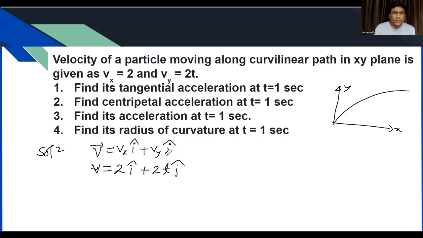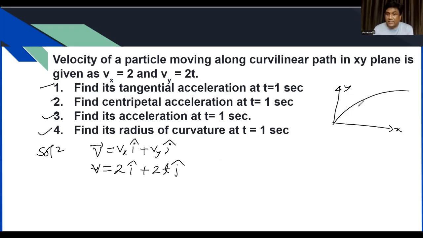Now they are asking: find its tangential acceleration at t equal to 1 second. Find its centripetal acceleration at t equal to 1 second. Then they are asking to find its net acceleration at t equal to 1 second. And then find its radius of curvature at t equal to 1 second.